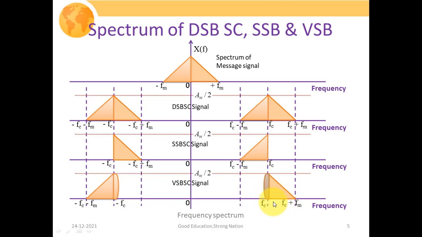So in this particular case, the bandwidth requirement will be equal to Fc plus Fm minus times of Fc plus Fv. So here the bandwidth requirement will be a little bit greater than your single sideband suppressed carrier systems, where this Fv represents the vestige, or portion, of the other sideband. This particular figure shows the overall bandwidth requirement in your vestigial sideband suppressed carrier systems.